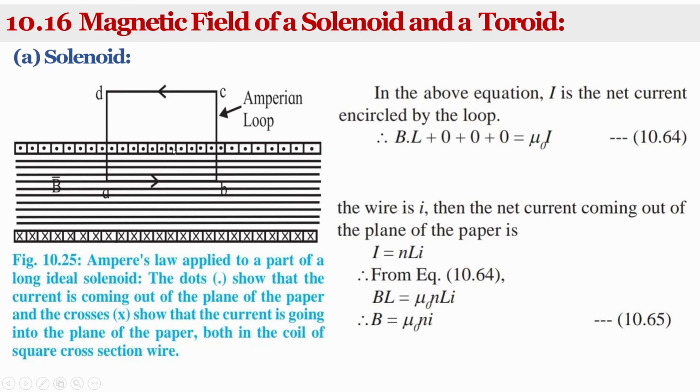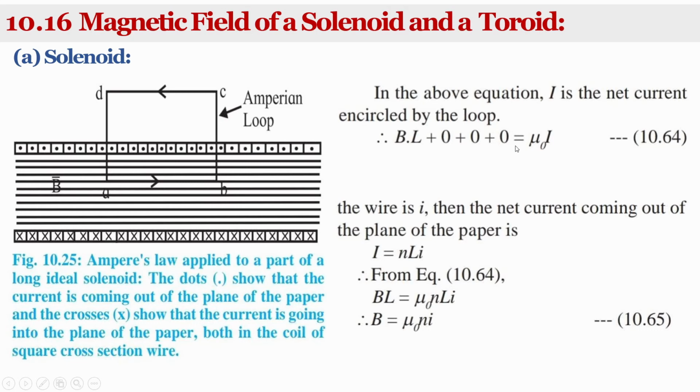We find that the second and fourth integrals are 0. Why? Because B and dl, the direction of the magnetic field and the length, are perpendicular to each other, so theta is equal to 90 and cos 90 equals 0. So the second and fourth are considered 0.